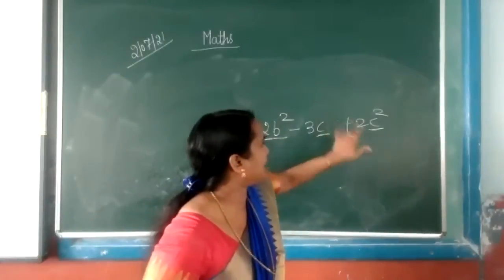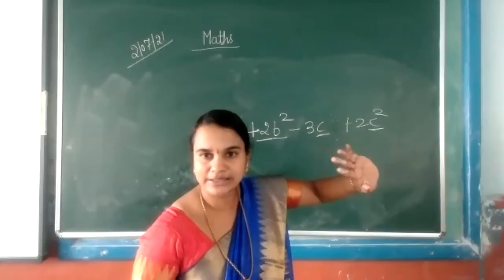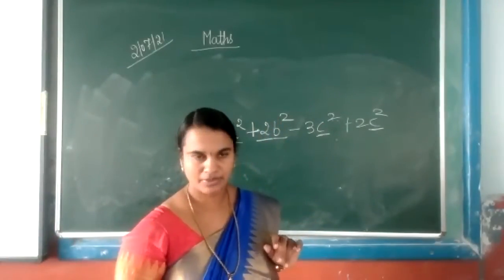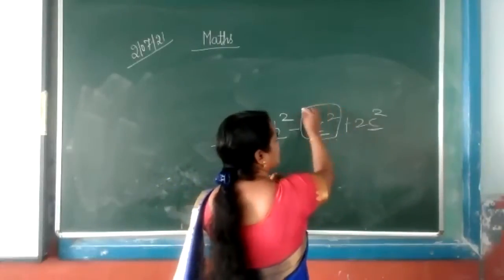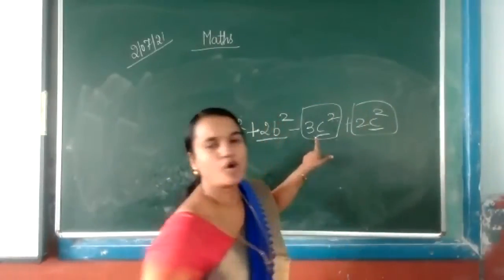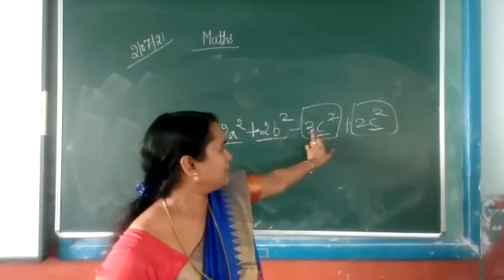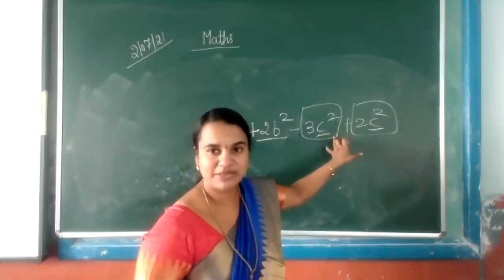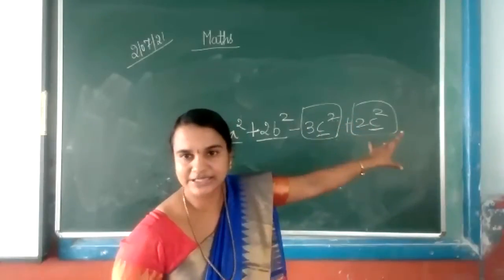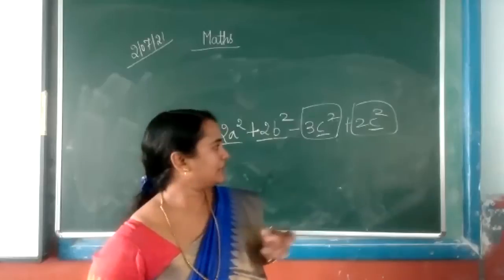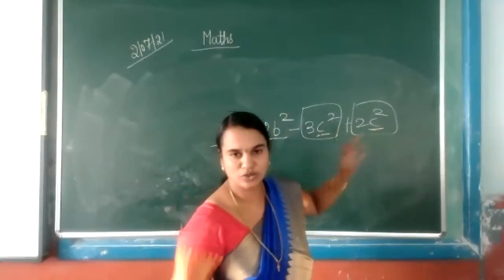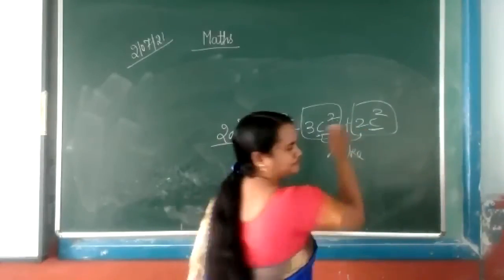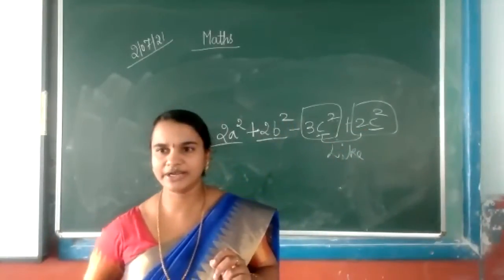If one is c and one is c square, that is not a like term. That means 3c square and 2c square. Here we won't give attention to the numerical, that means 3 and 2. Only the variables, the alphabets A, B, C, D. For that we give attention: here c square and this also c square. That means these both are like terms. Understood how we are finding the like terms?